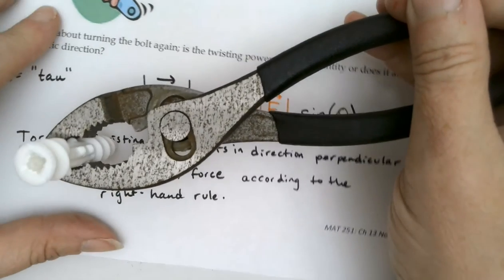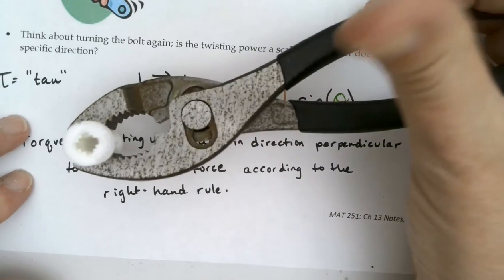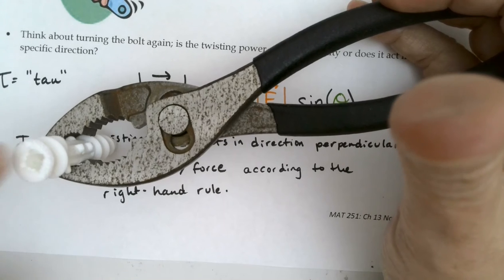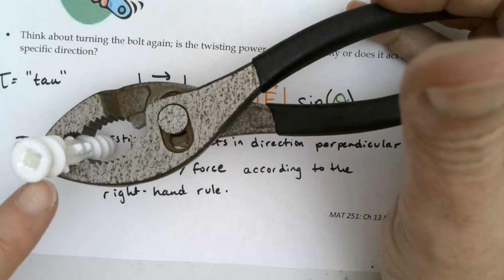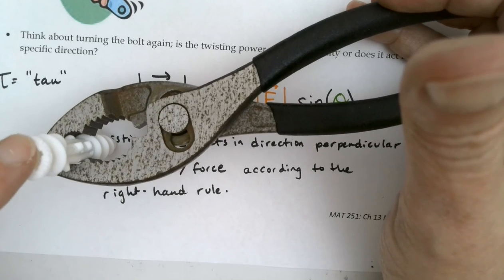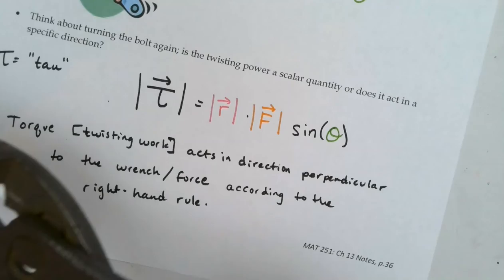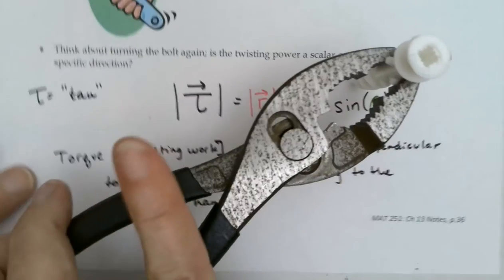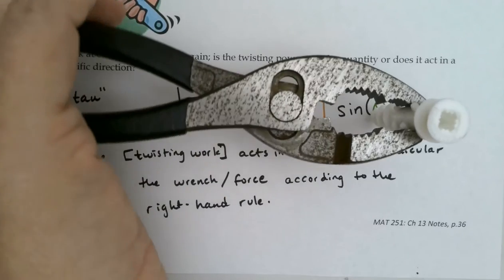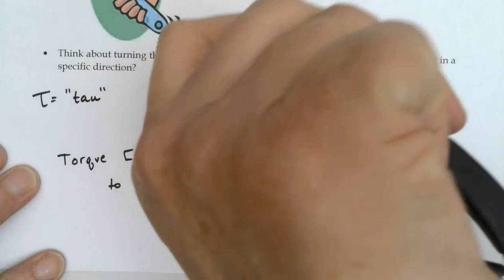And everybody knows righty-tighty, lefty-loosey, right? Because when you're twisting this way, right-hand rule, the thumb sticks up, and that means the torque is going up the bolt, from the bottom of it to the top of it, which is going to loosen it. But if you go the other way, I got to twist my hand around. So with my right hand, if I take the bolt and I twist it this way, then my right hand is pointing down.